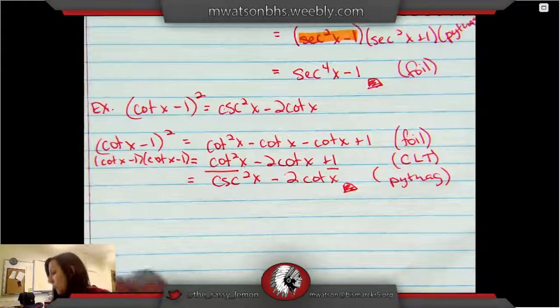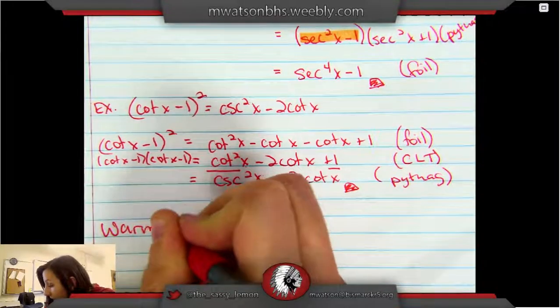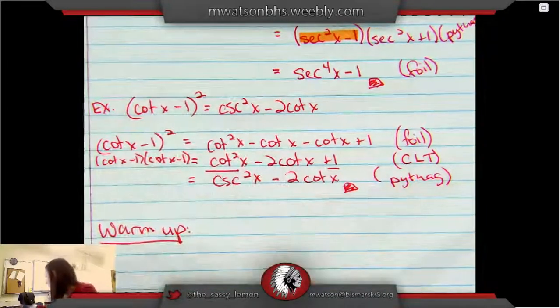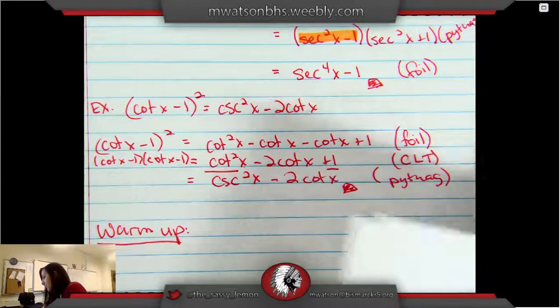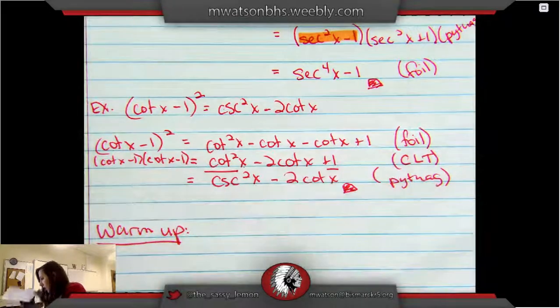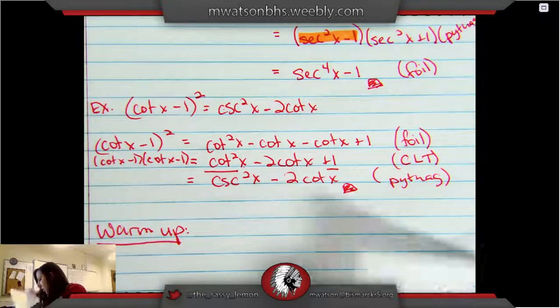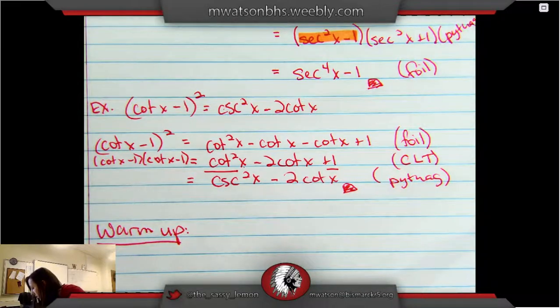So now I'll give you a warm-up problem. And I'm going to try to pick one that's not as hard this time. So let's see. Let's do, oh, all these proofs seem a little bit shorter. That's nice. Okay, let's do one that actually involves factoring.